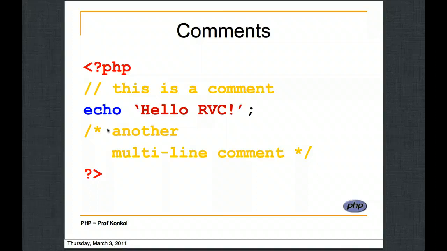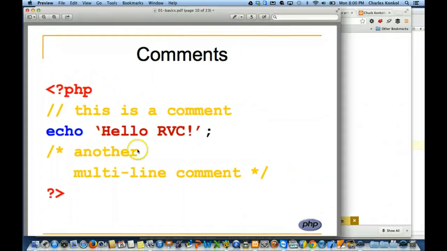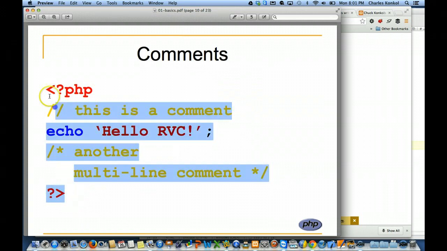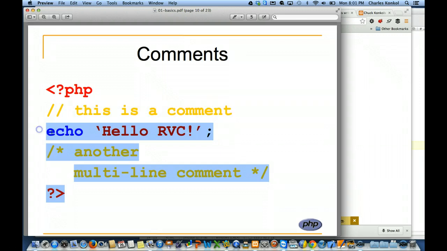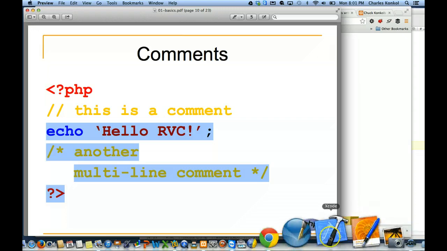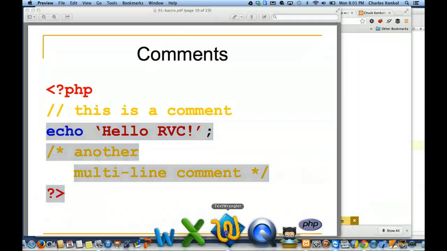Now let me show you something real quick while that's sitting up there. If I was to take this code here, for example, and you were to copy this code, just trying to copy it so you can see what I'm talking about on the copy function. I'll just copy a portion of it. Copy that, and I'm going to go into my TextWrangler real quick here. We're going to paste that code.